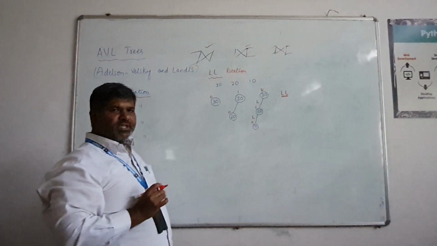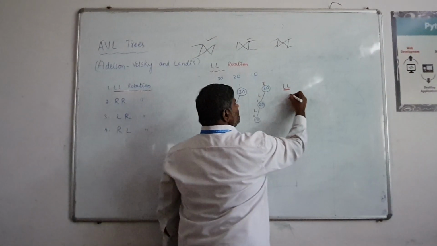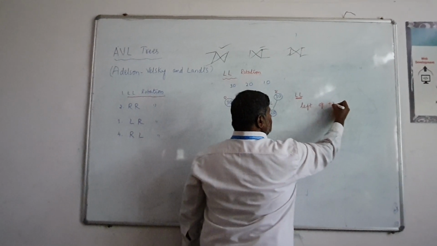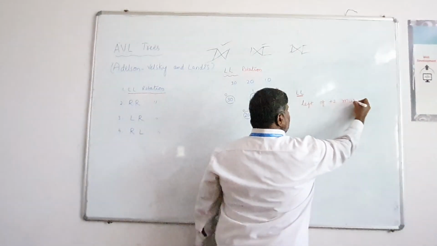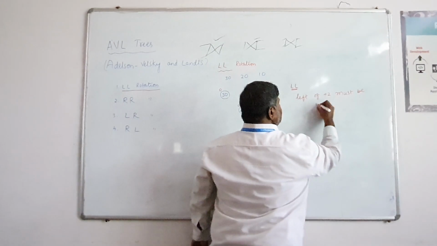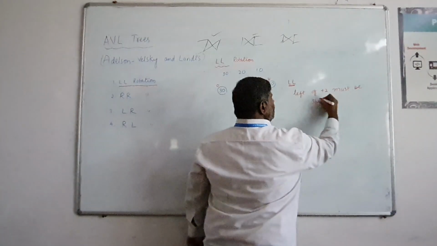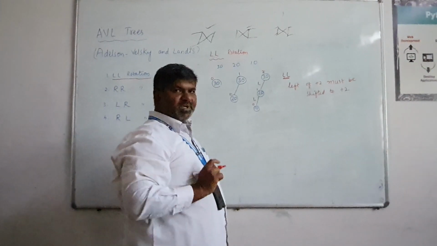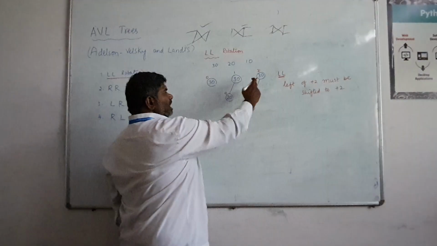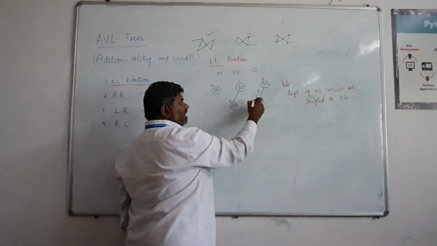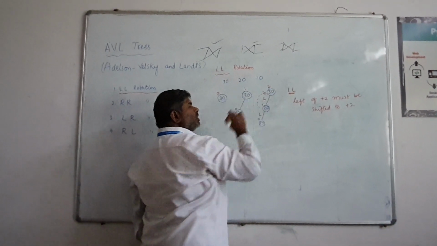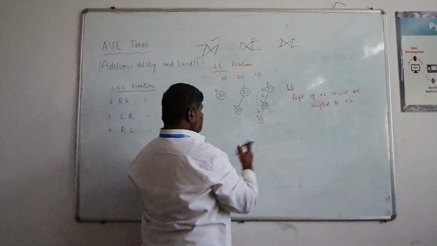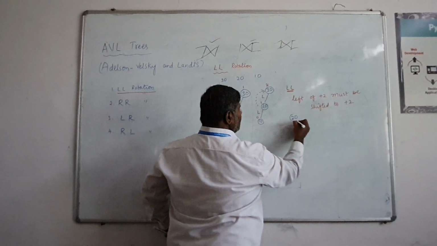In LL rotation, we follow this step: the left of the node with balancing factor +2 must be shifted to that +2 position. What is the left of +2 here? It is 20, so 20 will become the root.